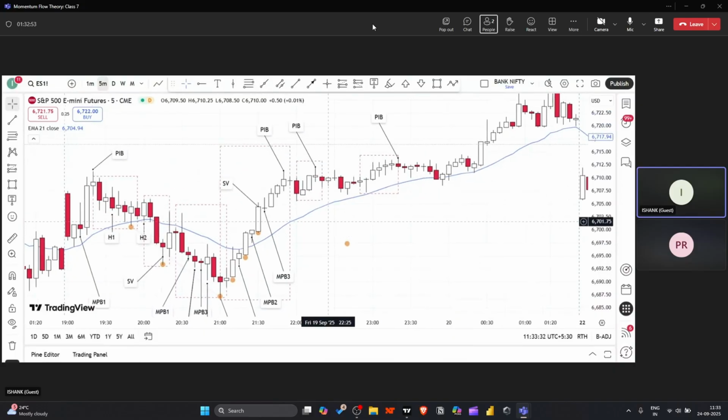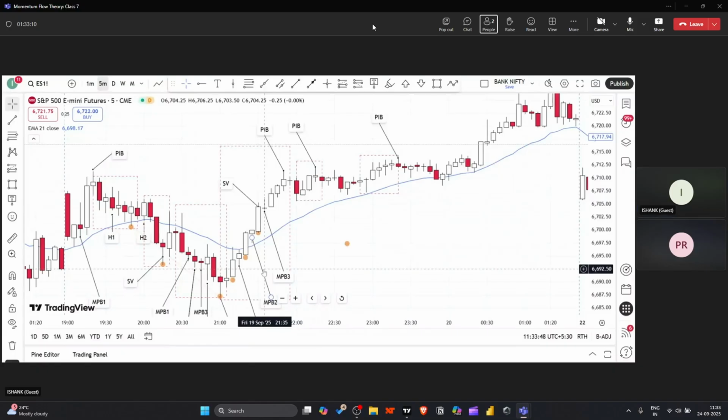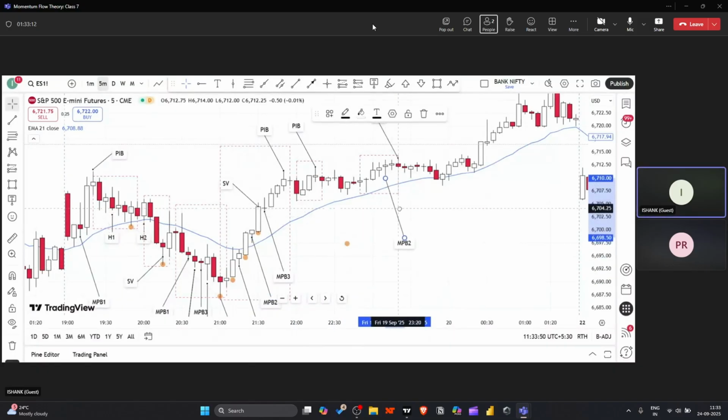PIB again, and here H1 and H2, but one here. This is the breakout. Yeah, MPB and PB, MPB and again an MPB and again a PIB. MPB, yes, correct.